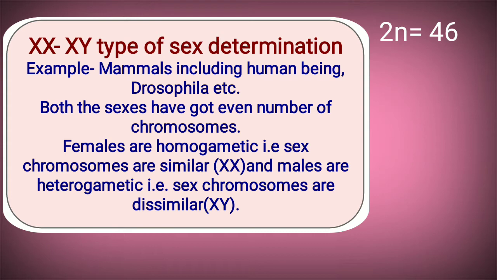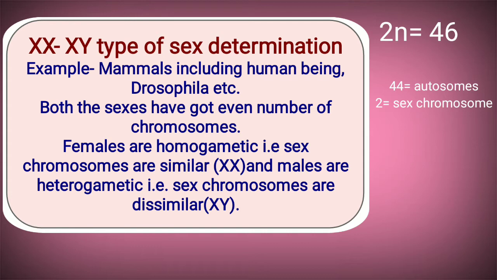But among these 46 chromosomes, there are two types. Of these 46 chromosomes, 44 are the autosomes and 2 are the sex chromosomes. Now let's come to the sex chromosomes, as we are discussing the sex determination process.